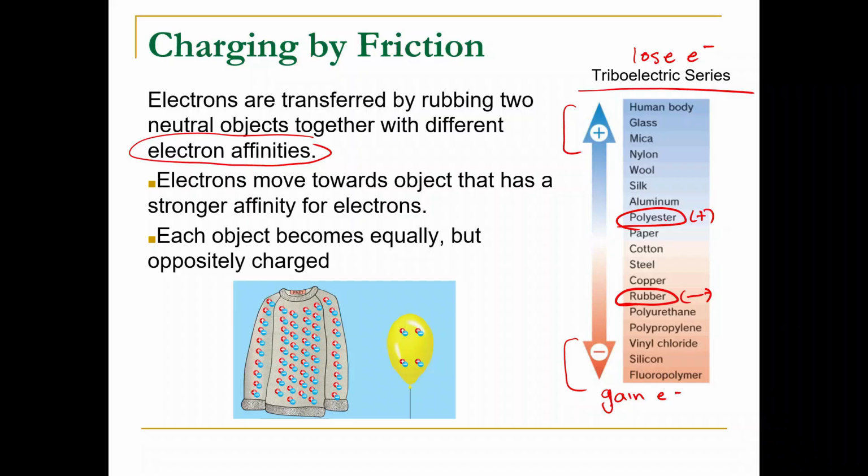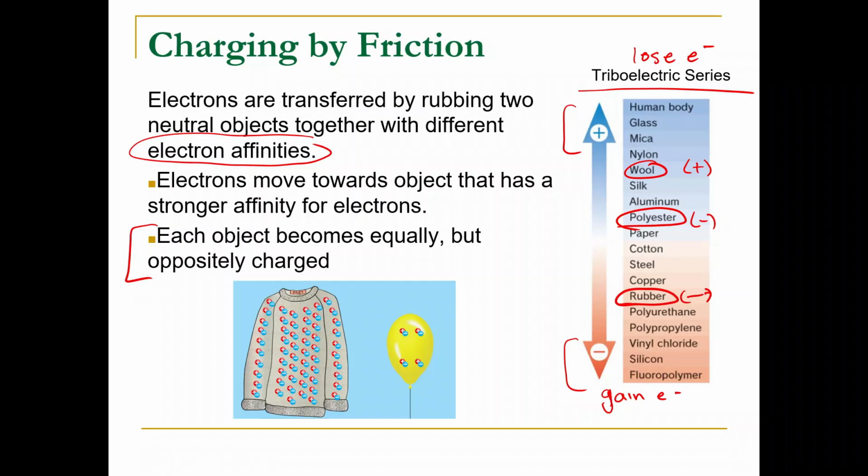But if I take that same polyester and I rub it against the wool, even though these are both on the top half of this, the wool is higher. So the wool's going to tend to become positively charged, and the polyester is going to tend to become negatively charged. And because of conservation of charge, this is going to have to be an equal and opposite amount of charge.